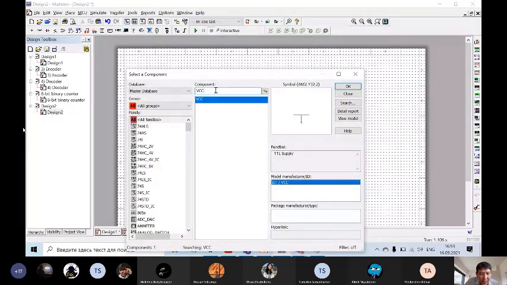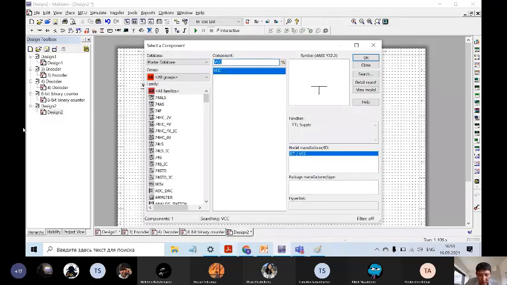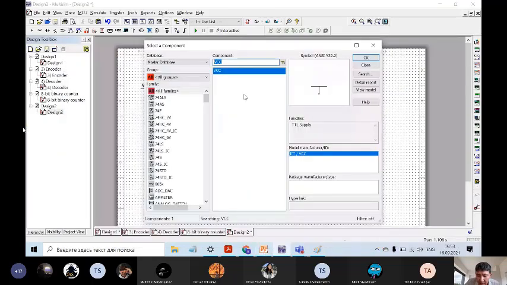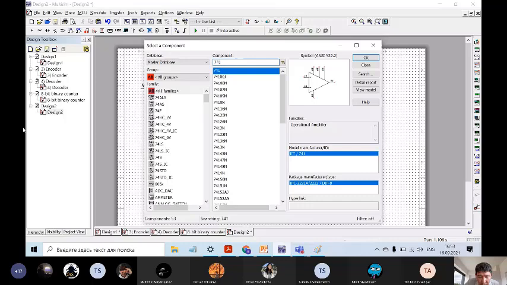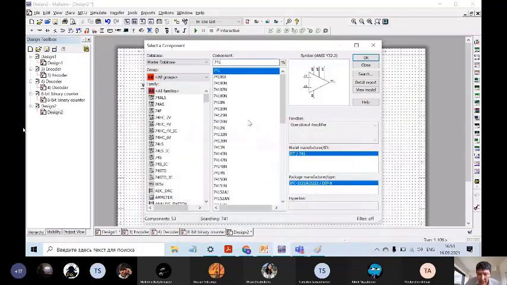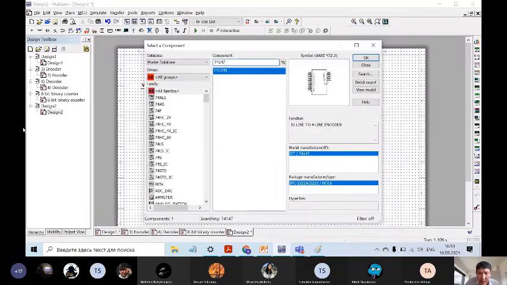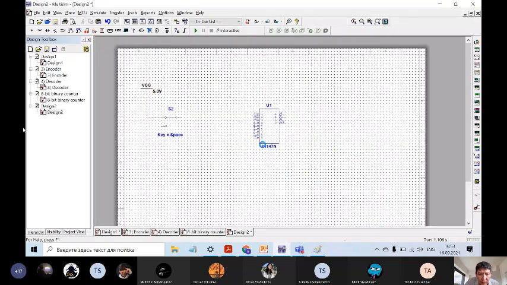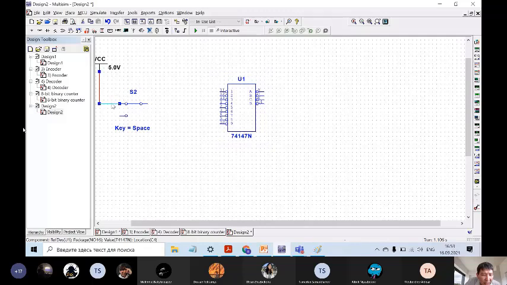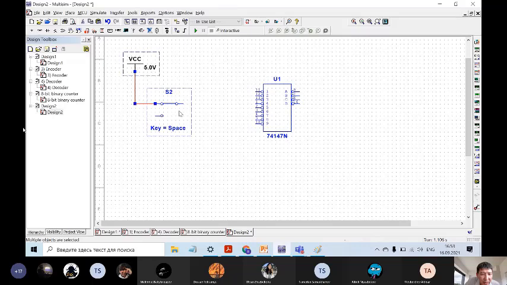What kind of IC do you remember? 74147, right? This one. Here, guys, be careful, because you need to connect not to where the pin is.